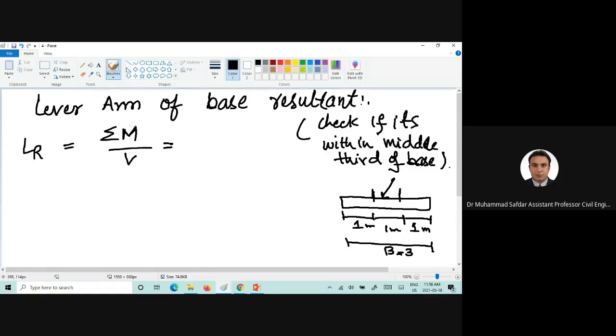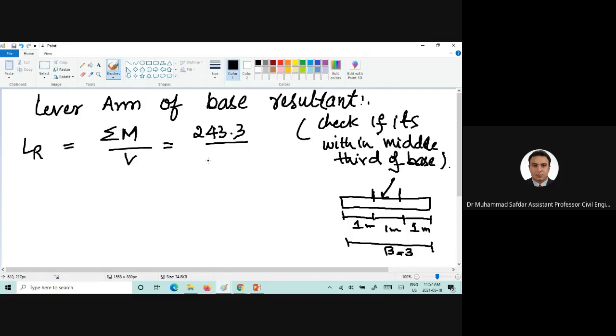So the summation of moments, what's the value of the sum? It was somewhat 243.3. And how about the vertical forces?